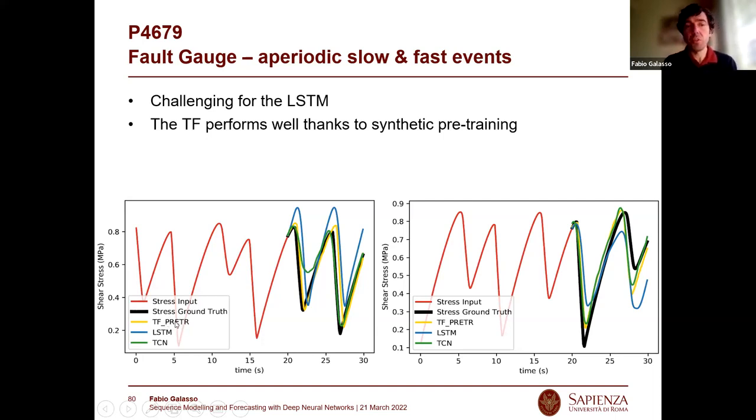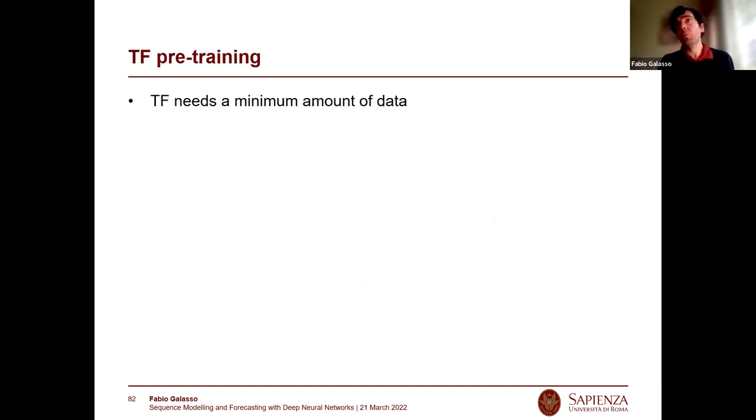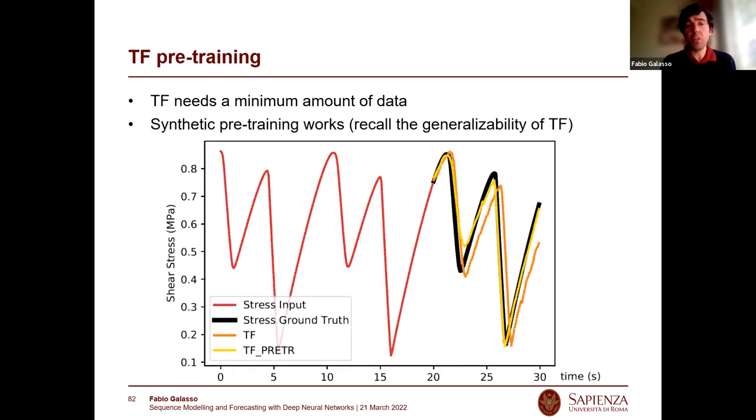This is the transformer that we have pre-trained on synthetic pre-training data. What this means is that performance was not that good if we didn't pre-train the transformer, because the transformer needs a minimum amount of data. And so, in fact, you see that there's a big difference between pre-training or not pre-training.